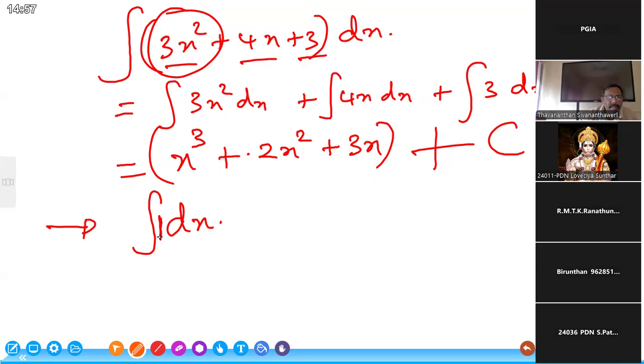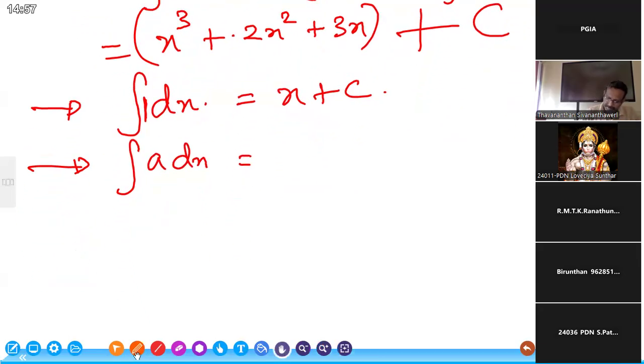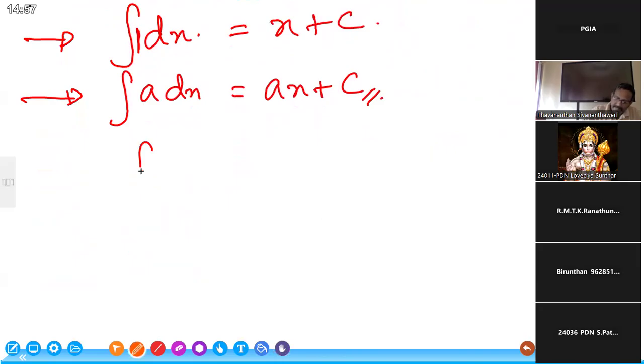So how do we get the derivative of 1? It should have been x. So we could say x plus c. What is the integration of a dx? Here a is a constant. What is a dx? ax plus c. Right. What is the integration of x to the power minus 3 dx?